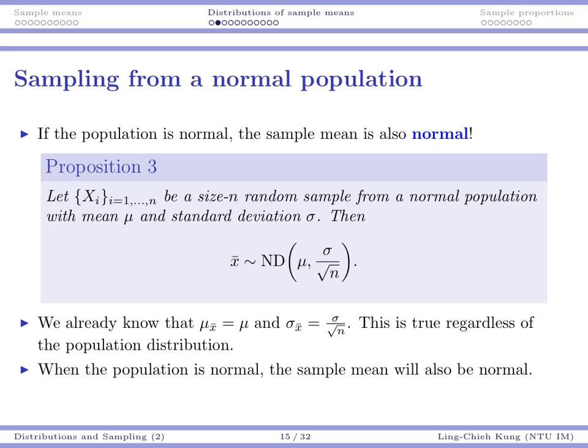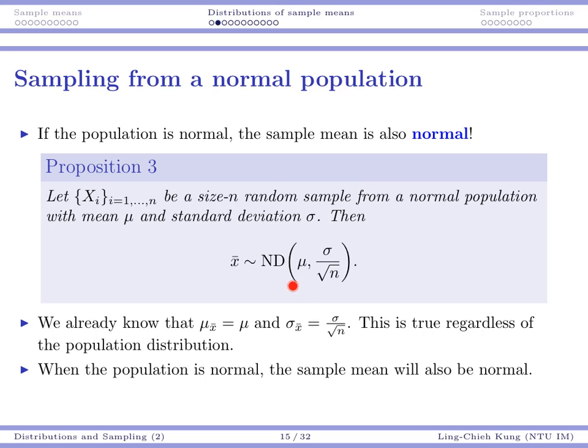So formally, if you have Xi as a size n random sample from a normal population with mean mu and standard deviation sigma, then your X bar would be normal with mean mu and the standard deviation sigma over square root of n. So here you have three pieces of information: the mean of the sample mean, the standard deviation of the sample mean, and the distribution of the sample mean.